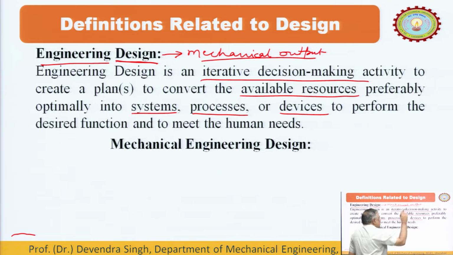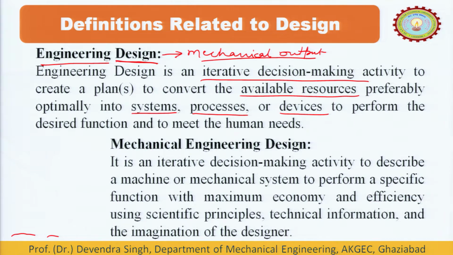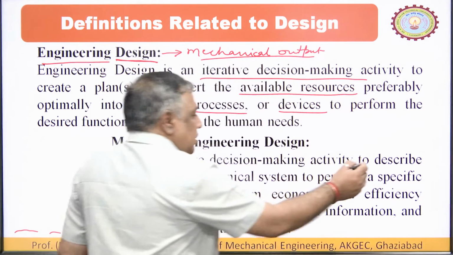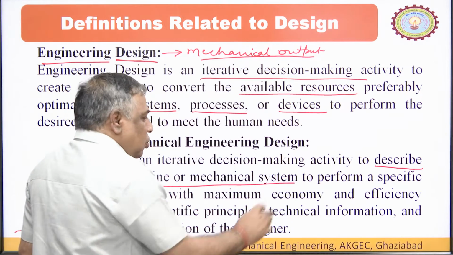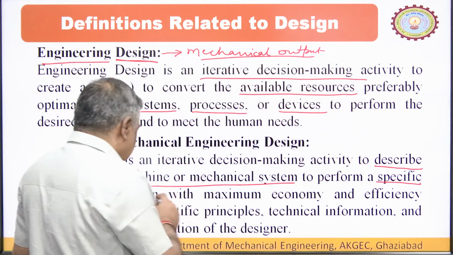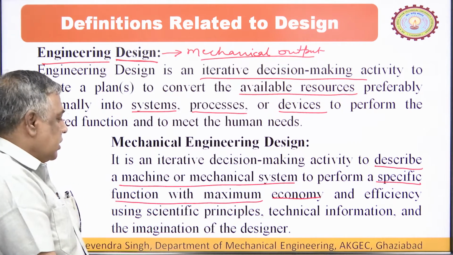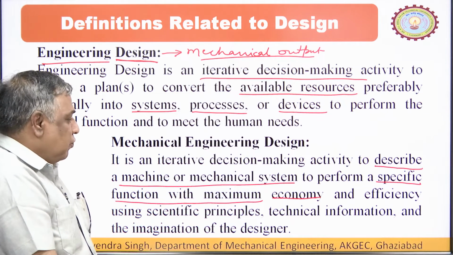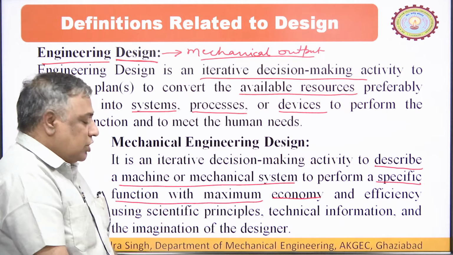This can be defined very precisely: it is an iterative decision making activity to describe a machine or mechanical system to perform a specific function, with maximum economy and efficiency using scientific principles, technical information, and the imagination of the designer.